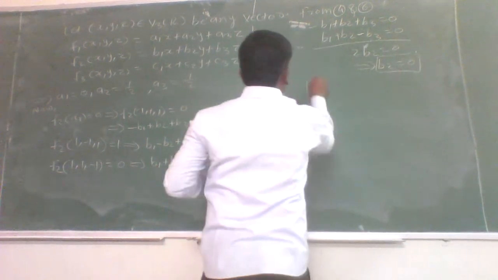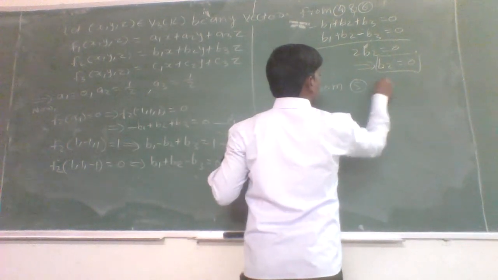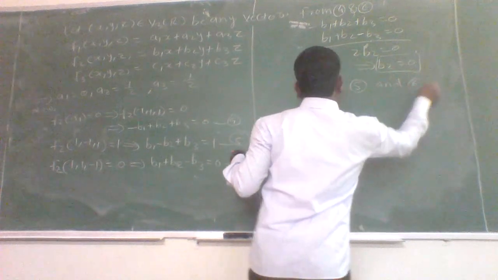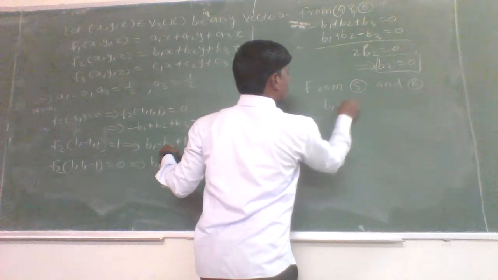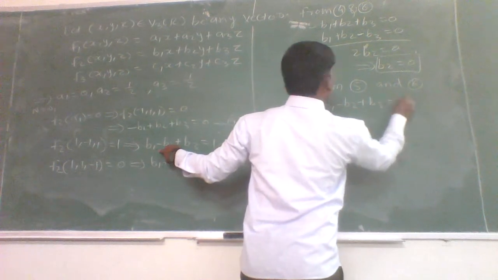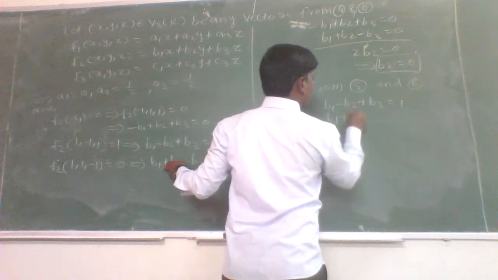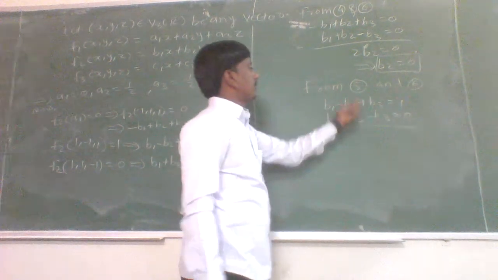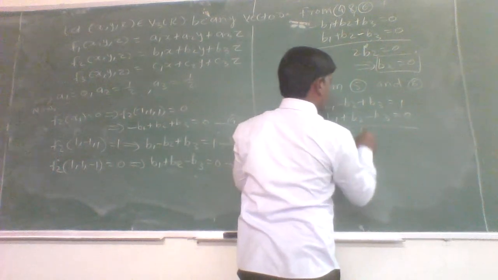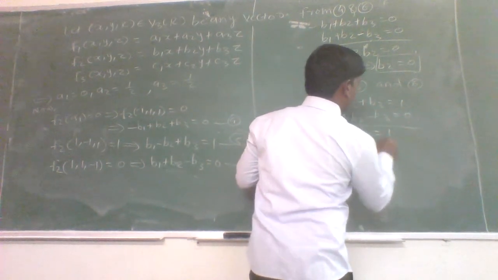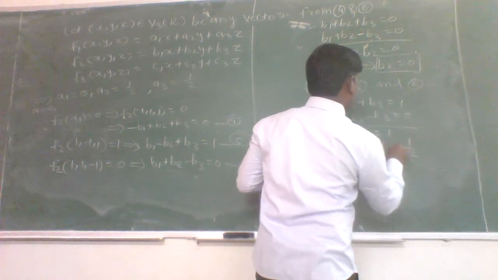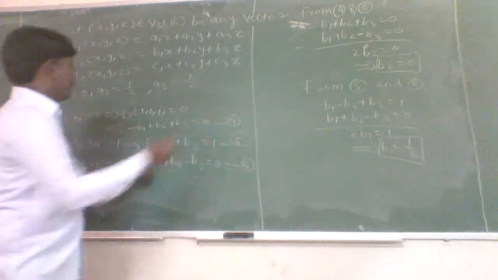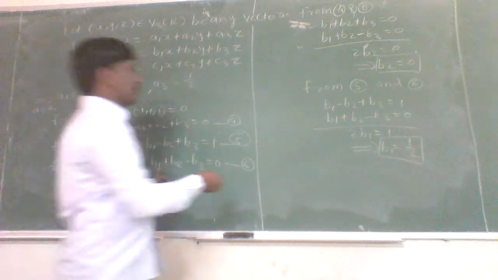Now, from 5 and 6, B1 minus B2 plus B3 equal to 1, B1 plus B2 minus B3 equal to 0. Now, adding again these two, B2 B2 cancel, B3 B3 again cancel. 2B1 is equal to 1, which implies B1 will be equal to 1 by 2. Now, put B1 equal to 1 by 2 and B2 equal to 0 in 6.